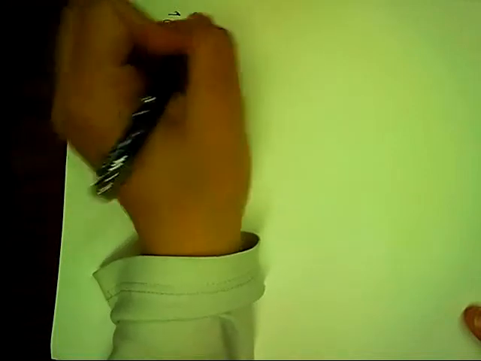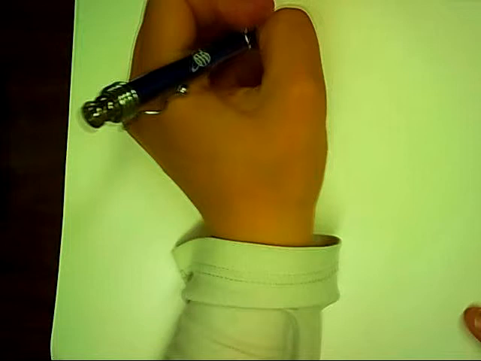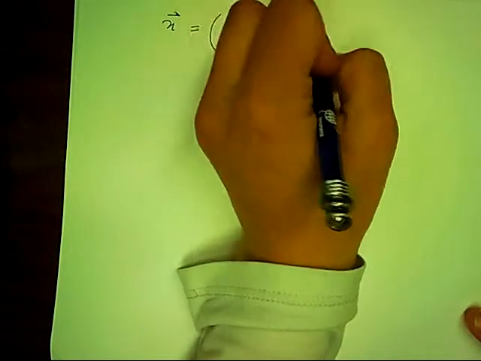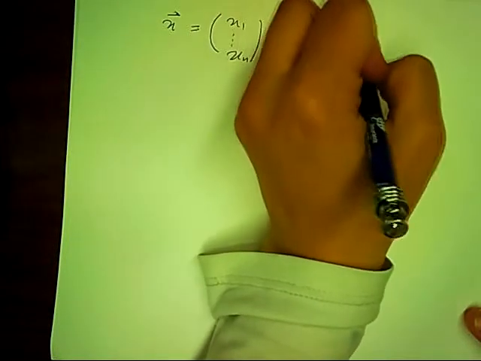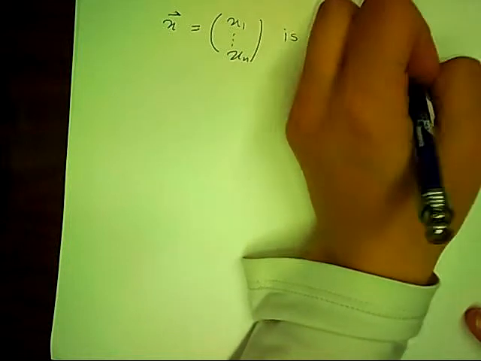Now for the derivation for the continuous case. Assume x, a vector x1 through xn, is a random vector. Remember, this is for the continuous case; we are deriving Bayes' rule.